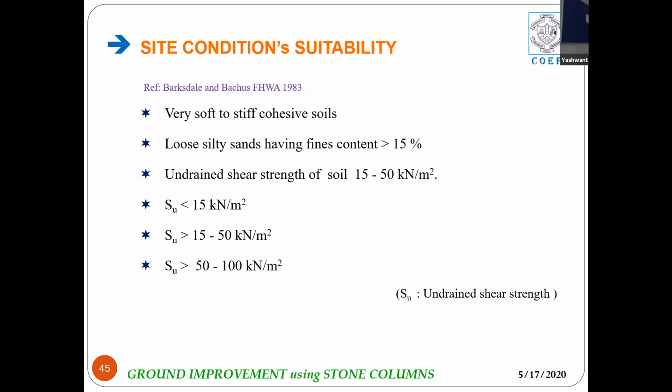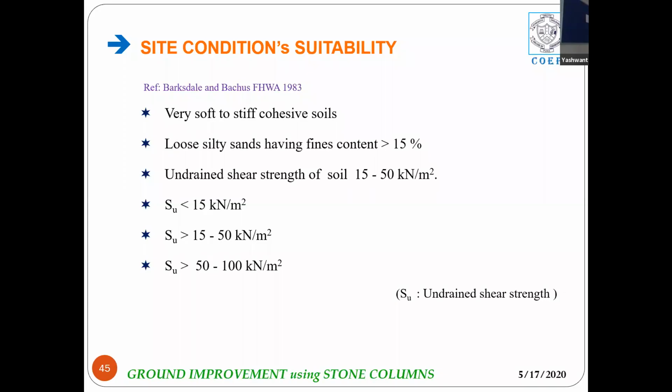But there have been some exceptional cases where the shear strength of the soil is as low as 7 kPa or 7 kilonewton per meter square, and still stone columns have been successfully installed. So specific measures were adopted, but in general, if the shear strength is in the range of 15 to 50 kilonewtons per meter square, providing stone columns will be very economical and optimum.